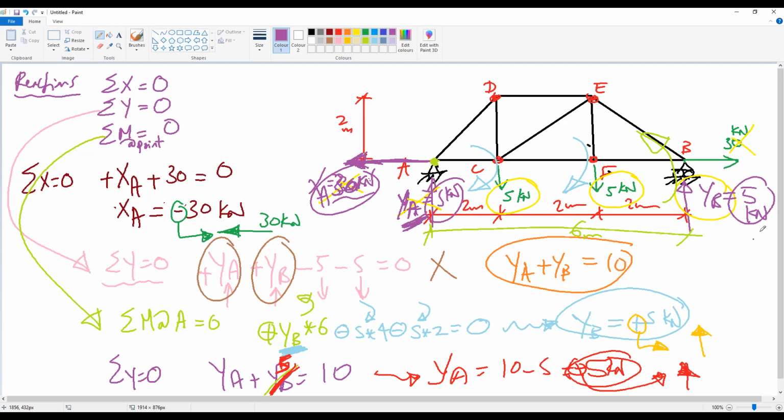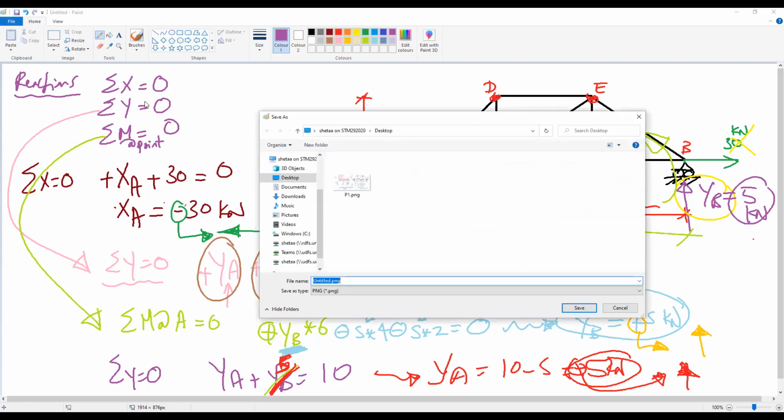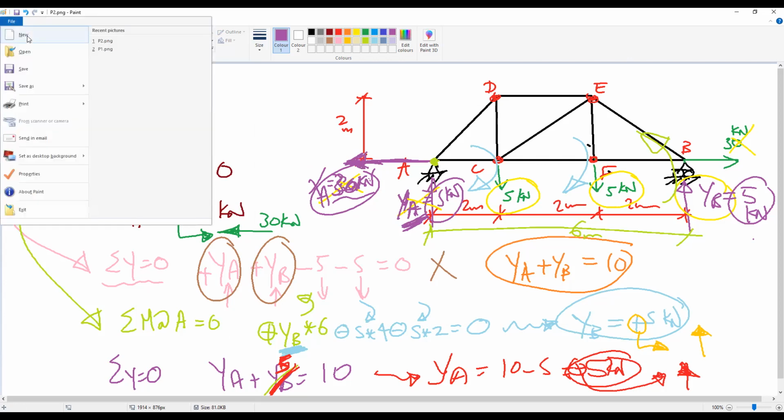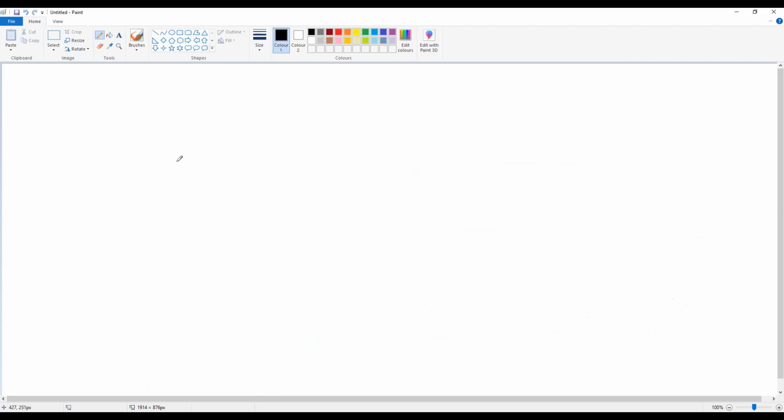Okay, so now we shift to the next requirement, which is the internal forces. I will ask you a question. Do you know what is the method we are using to get the forces inside the members of a truss?